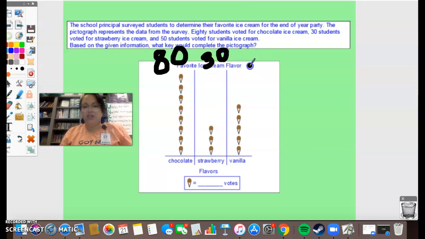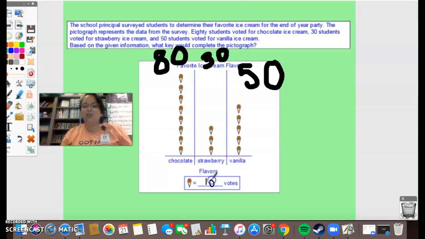And 50 voted for vanilla. So based on that information, how many does each cone stand for in our pictograph? If we have 80 here and 1, 2, 3, 4, 5, 6, 7, 8, 8 times what is 80? 10, right? So we're counting by 10s here.